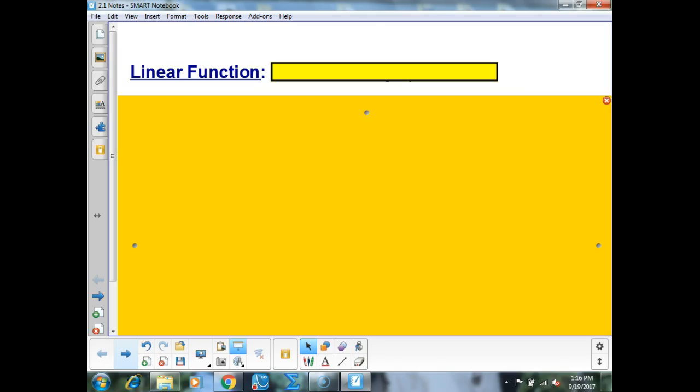What is a linear function? Linear function. No, what is it? Do you know that you're in the Department of Redundancy department?